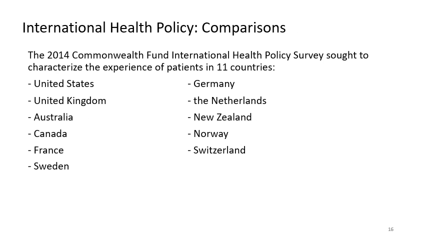International health policy comparisons. The 2014 Commonwealth Fund International Health Policy Survey sought to categorize the experience of patients in 11 countries: the United States, United Kingdom, Australia, Canada, France, Sweden, Germany, the Netherlands, New Zealand, Norway, and Switzerland.